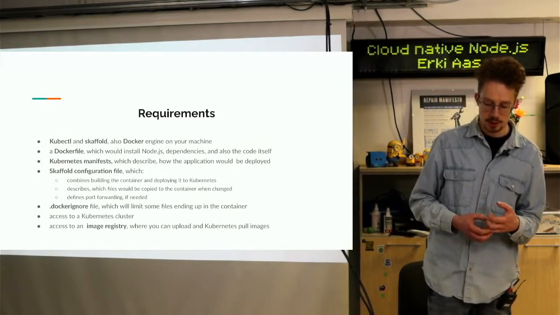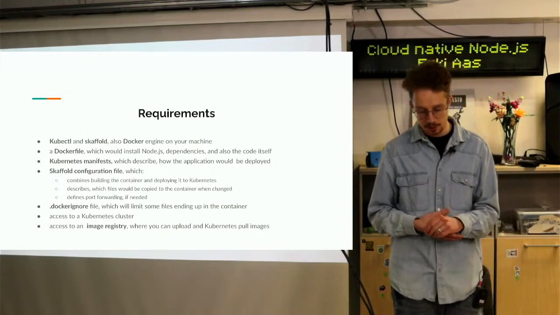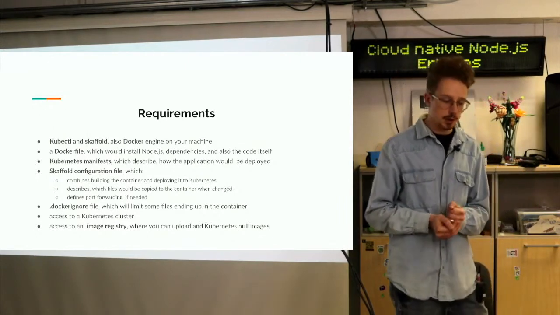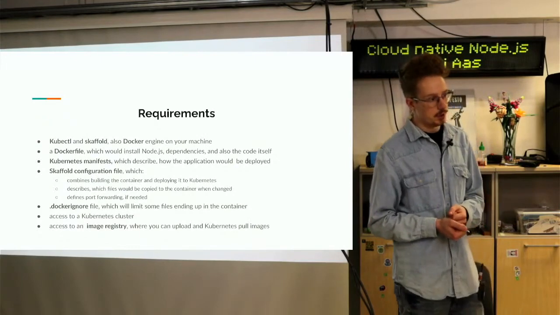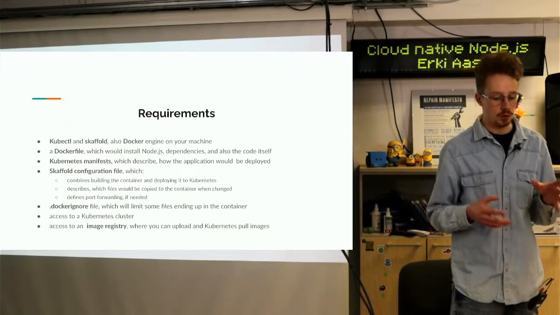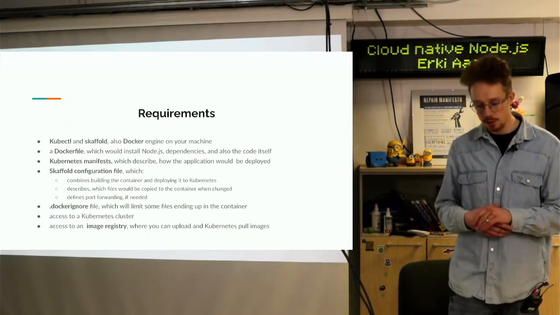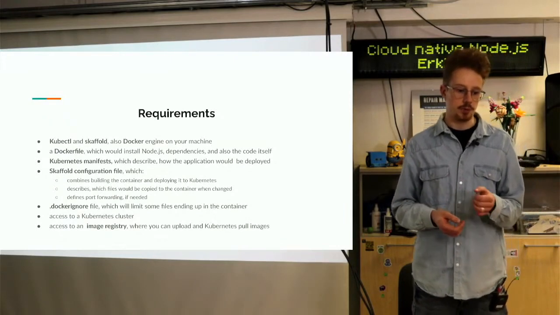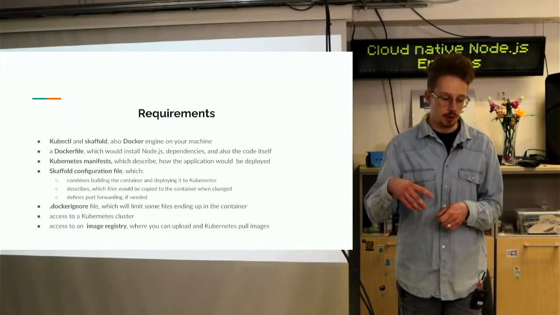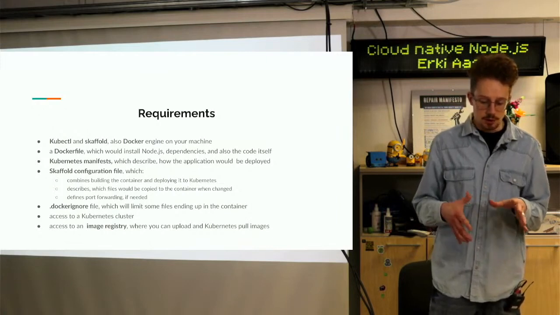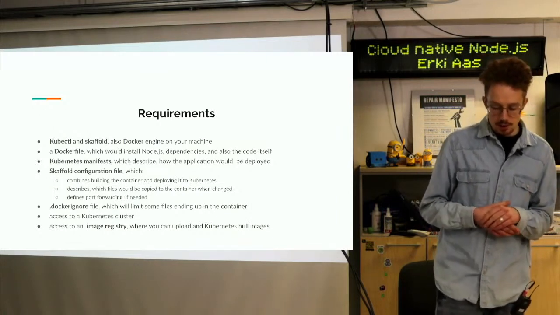Then comes the Skaffold configuration file, which manages all of this stuff. It combines the building of the container and the deploying part. It describes what files will be copied to the running container, or in other cases, when the container image will be totally rebuilt. For example, when you can do hot reload, the container can handle it itself.